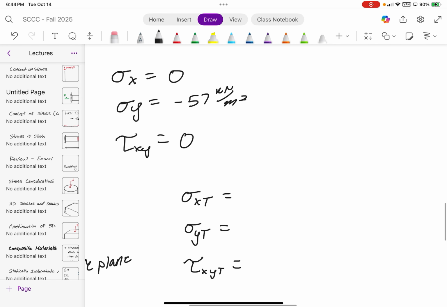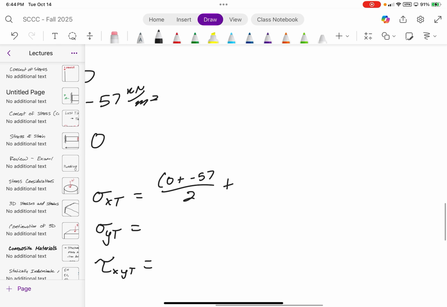Yeah. So when you're solving for these, your equation should basically look something like this.